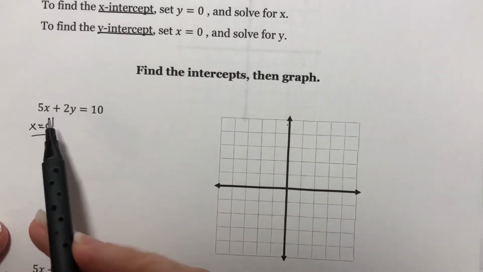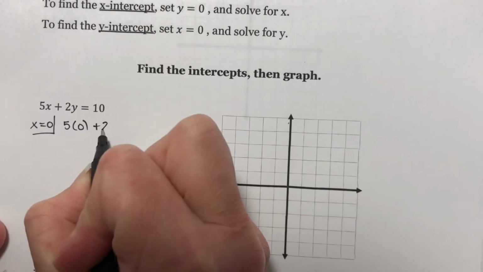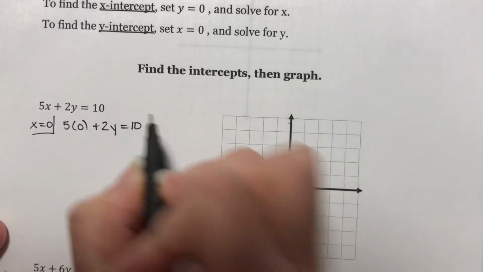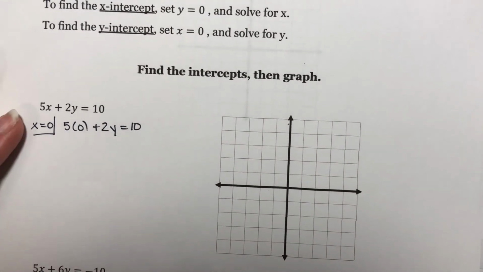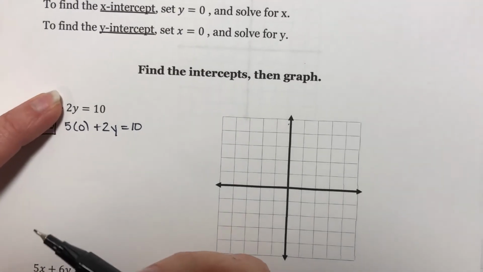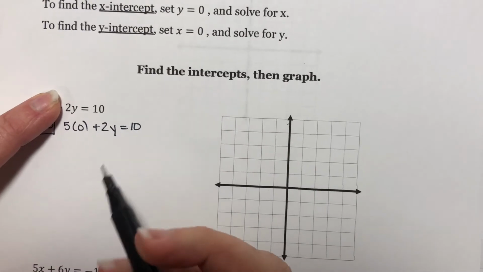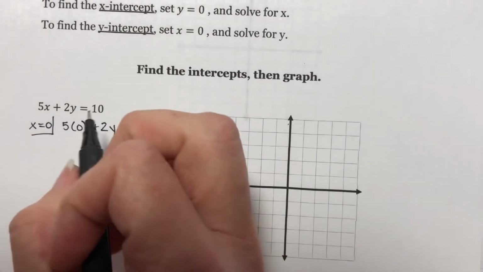If x equals 0, I have 5 times 0 plus 2y is equal to 10. Now, I often think of finding intercepts as just covering up bits. If I'm plugging in 0, that means this whole term is going to go away, and I usually just cover that part up and see what I have left. I don't want to do that and confuse you, but that's essentially what's happening.